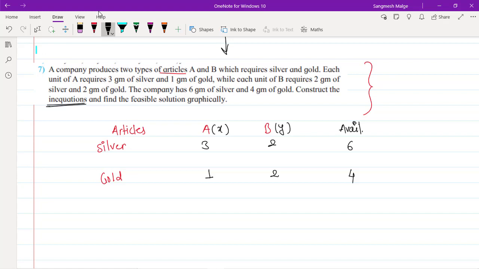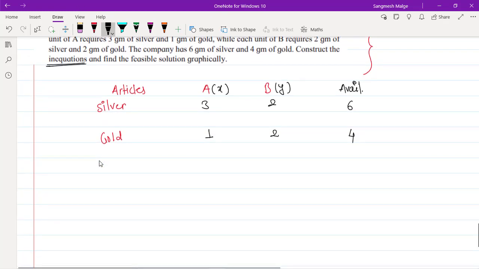Okay, so what will be the equation? So for silver, you will have 3x plus 2y. Is it okay? What is x and y? X and y are the number of grams you are using for the articles A and B.